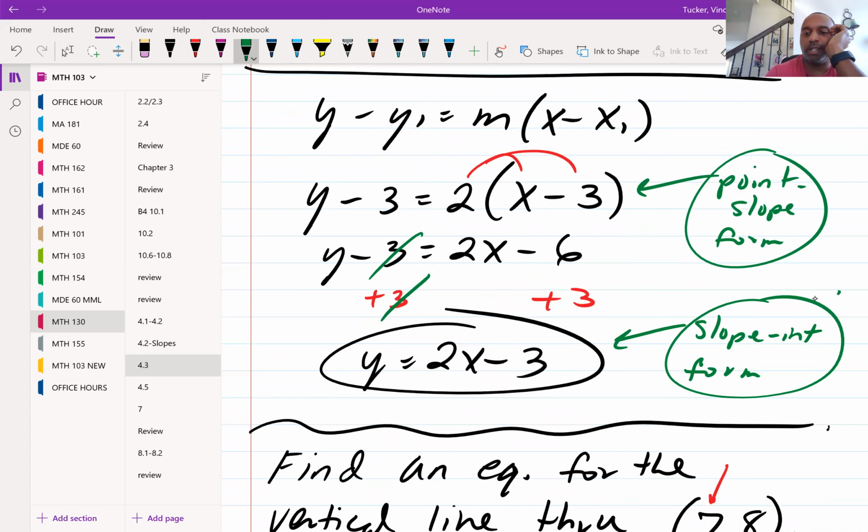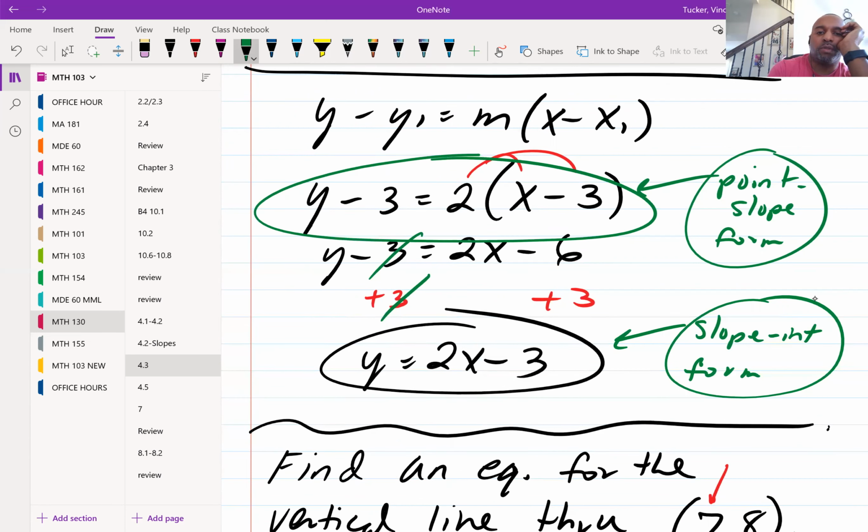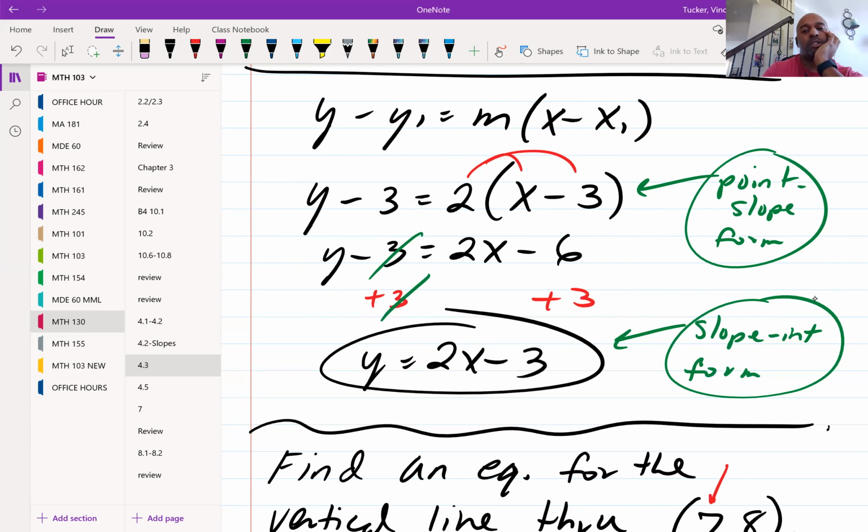So just in case they ask you to put the answer in slope intercept form, that's what they're talking about. This right here, once again, is point slope form. And then this down here would actually be in slope intercept form, once you actually solve it down, take your number over and just solve for y.